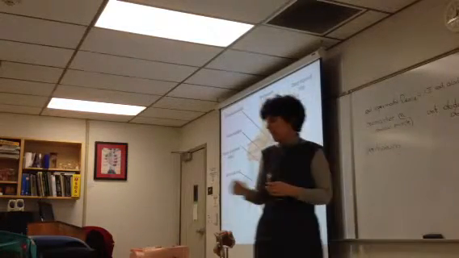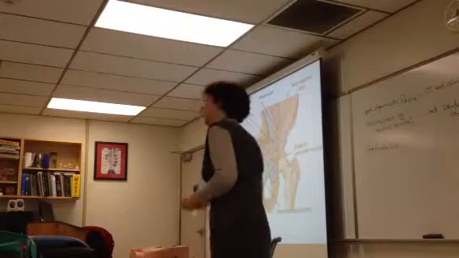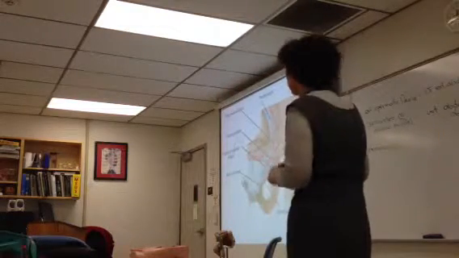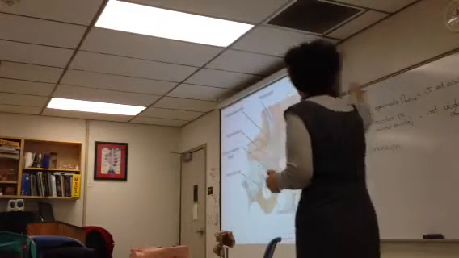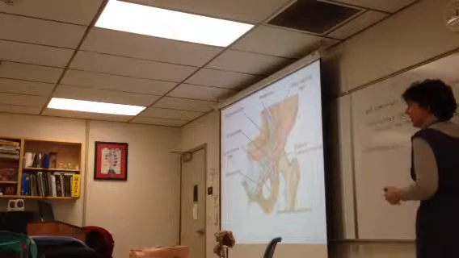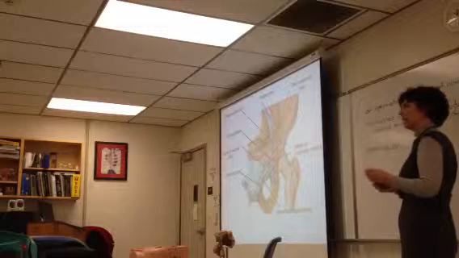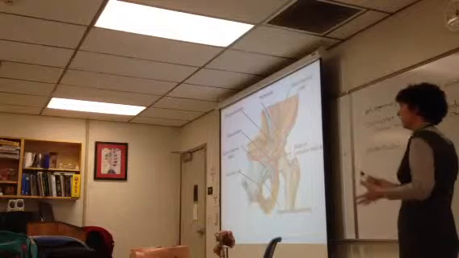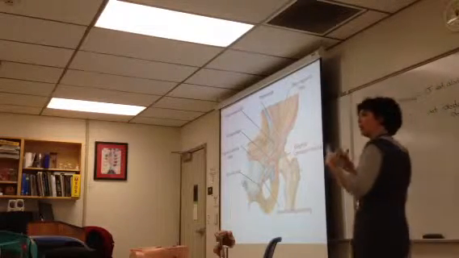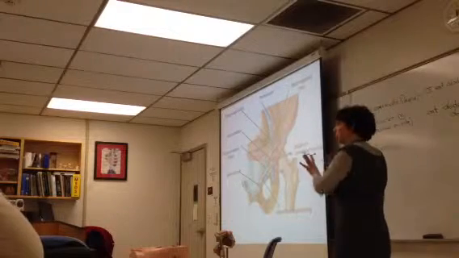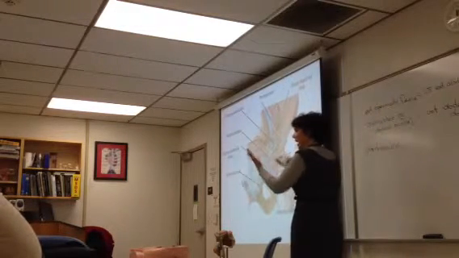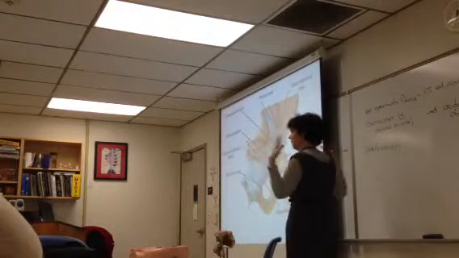Now, the testis, as it moves into the spermatic cord, actually pushes through and takes these layers with it. So it's like I had sheets hanging over a clothesline. So I don't see that anymore. But let's say as I walk through them, I'm pushing them in front of me. So now I'm kind of forming a pocket.